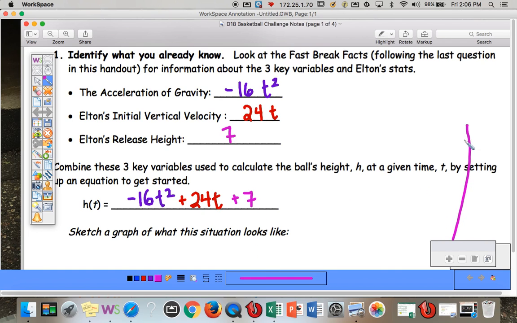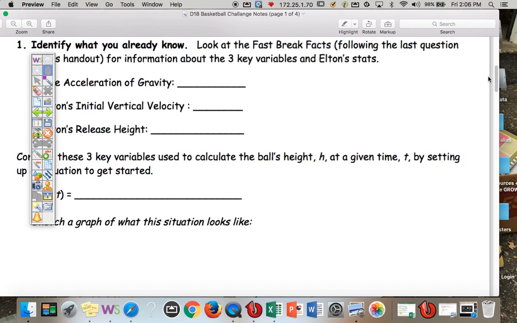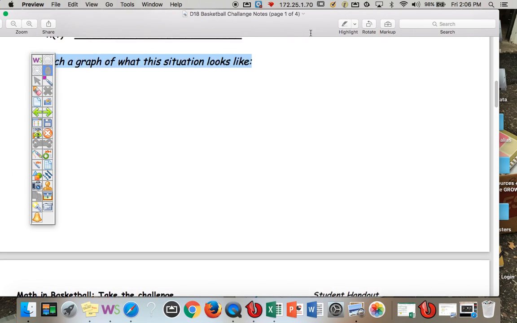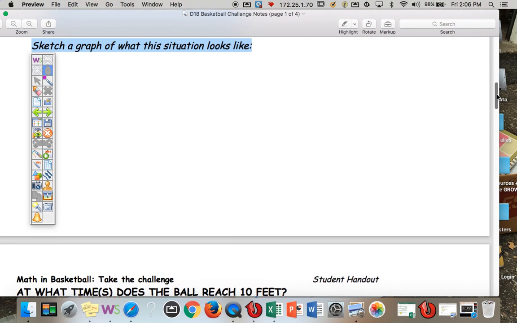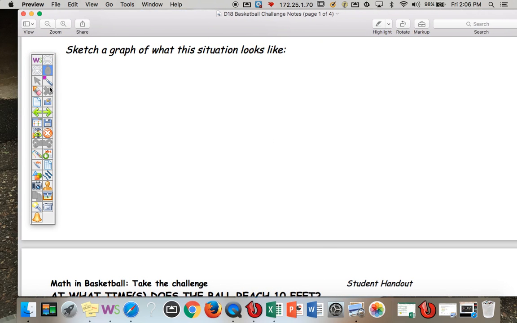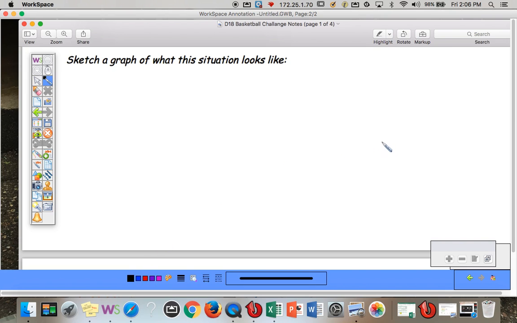Let's draw a situation of what this looks like and talk about the key points of this problem. Okay, so let's say here he is shooting that basketball. Here's his ball. Here's the basket.